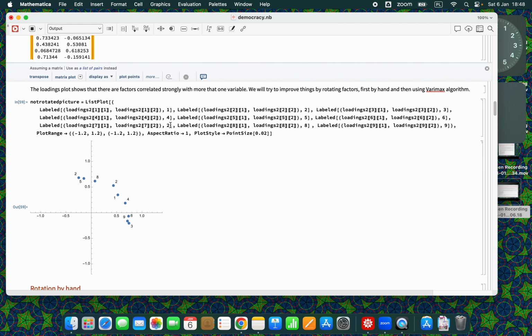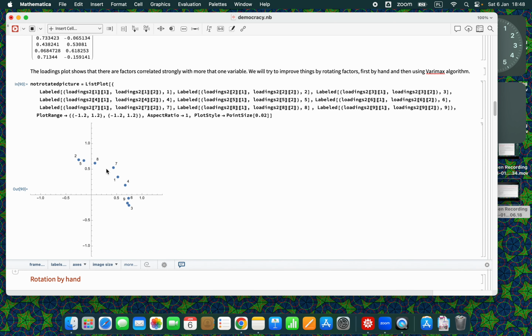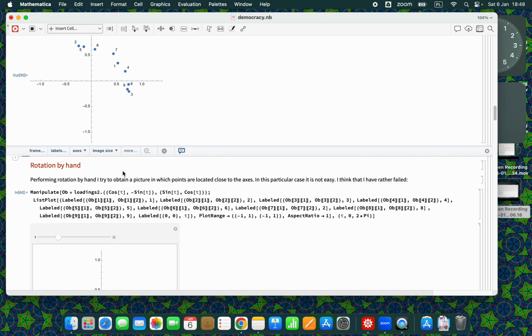There is a mistake here. Here should be 7, because we know that also variable number 7 is wrong. And here is variable number 7. So those two, first is 7, are quite far from both axes.